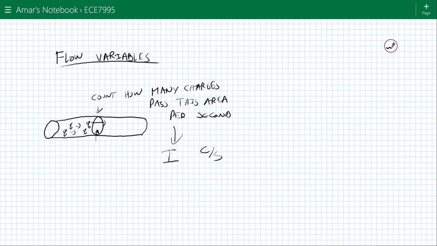The units for I are amps, and 1 amp is 1 coulomb per second.